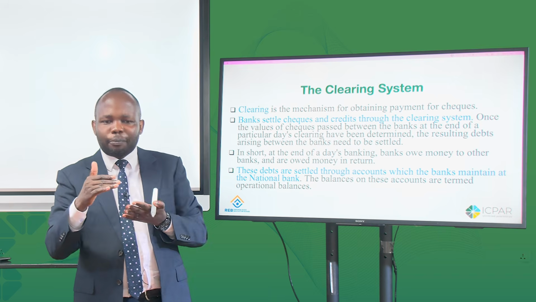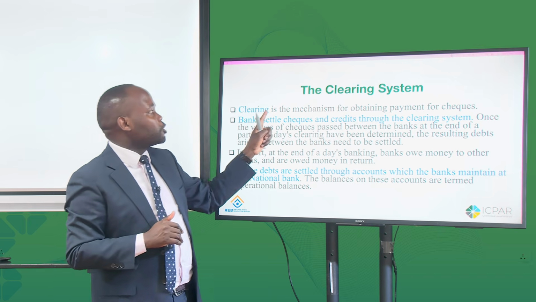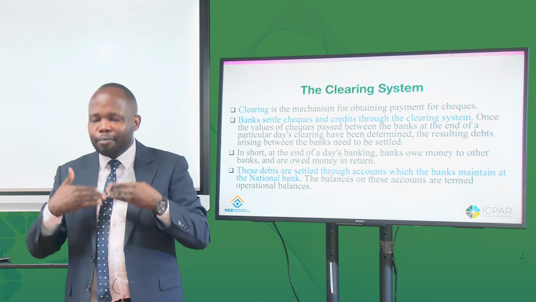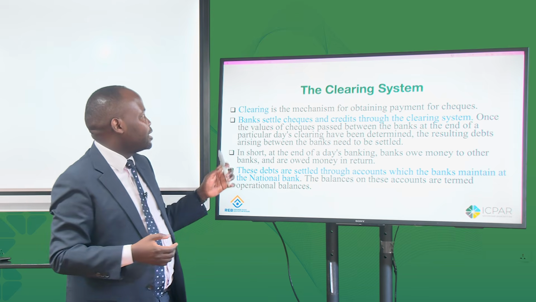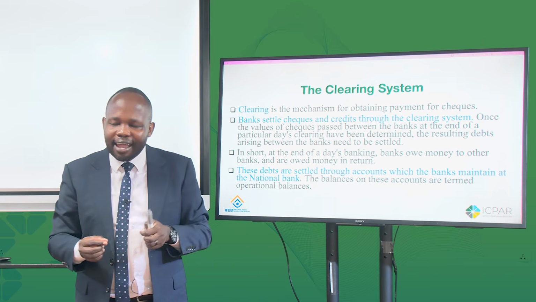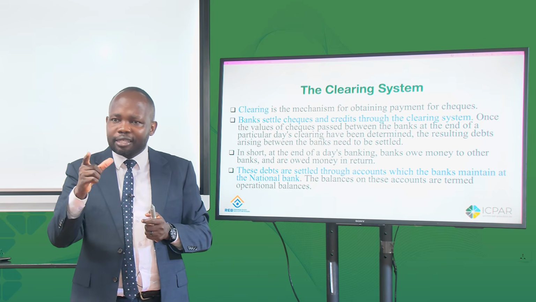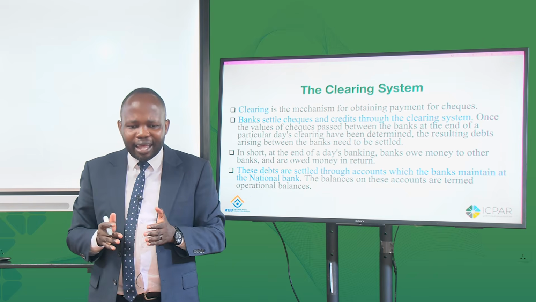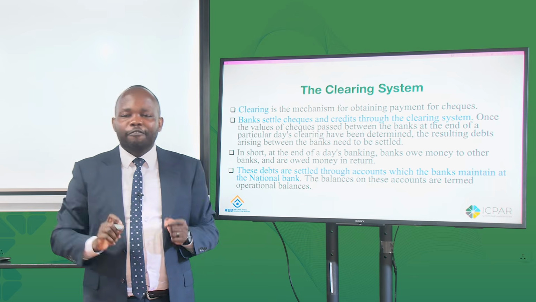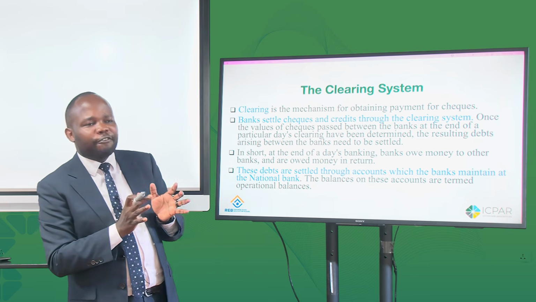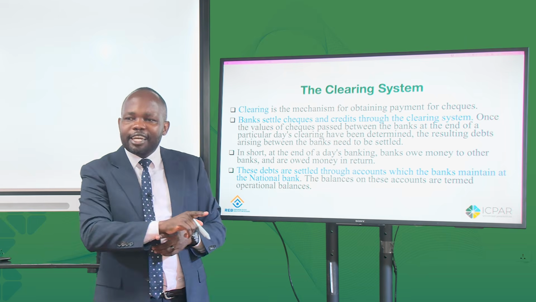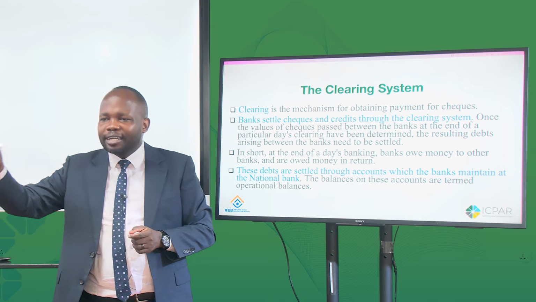What is the procedure that we follow? So clearing is the mechanism for obtaining payments when you, for example, have a check. Banks settle checks and credits through the clearing system. The point is this. Remember, we can have a check from Bank A directed to Bank B. For example, there is a check from Equity Bank, and that check is being taken to Bank of Kigali.